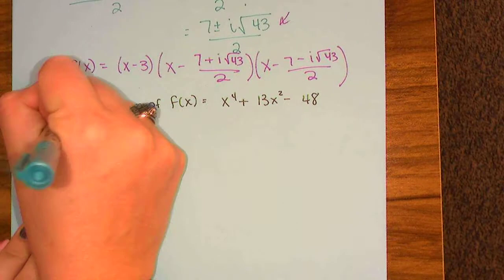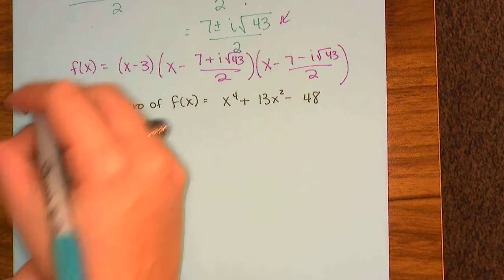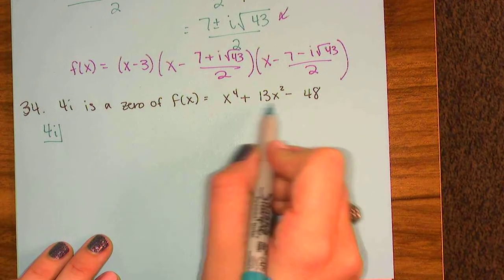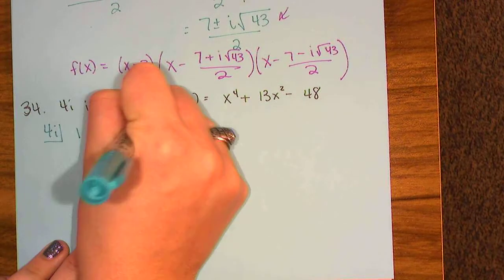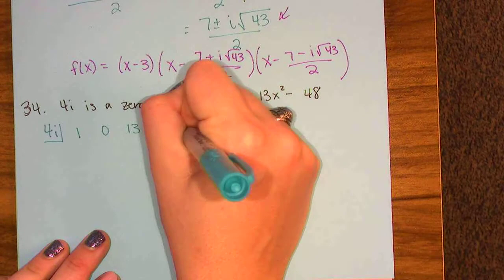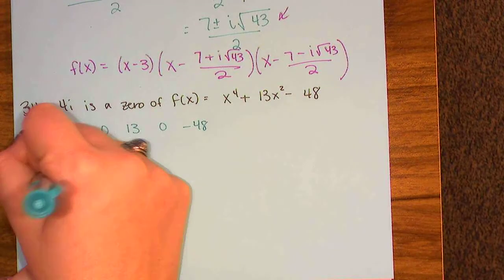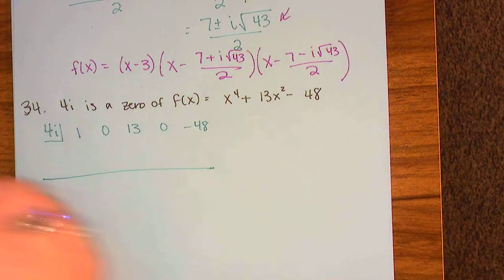Keep in mind I'm missing my x cubed term and my x term, so I'm going to have zeros in there. So 1, 0, 13, 0, negative 48. So then what does my synthetic division look like here?